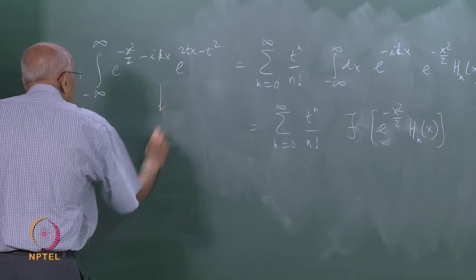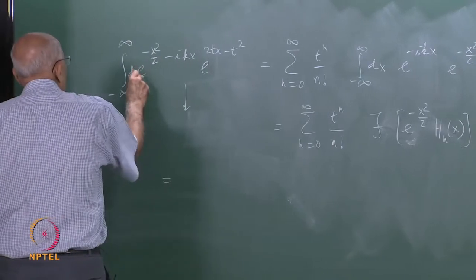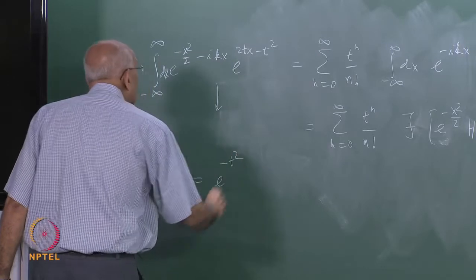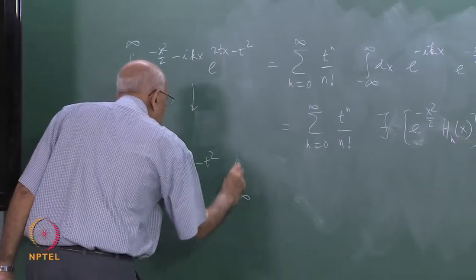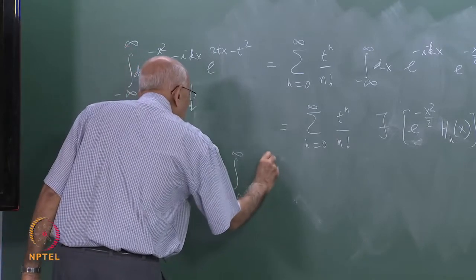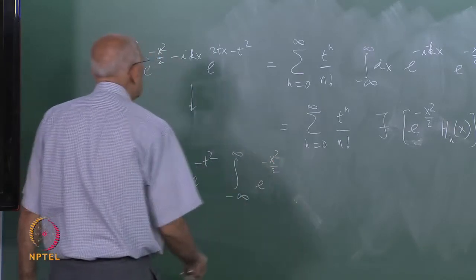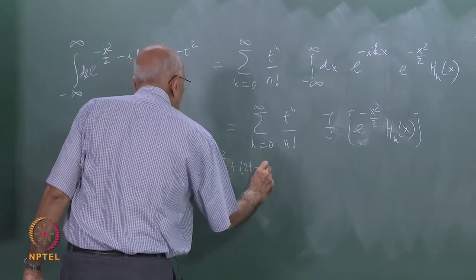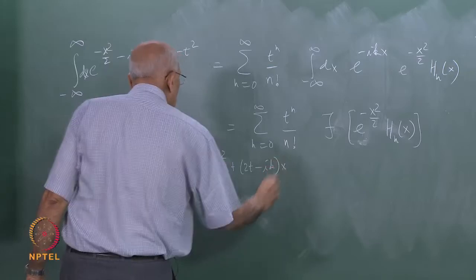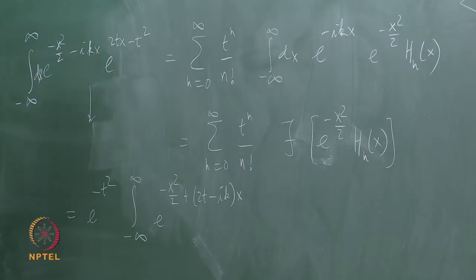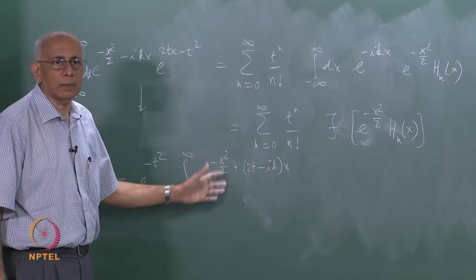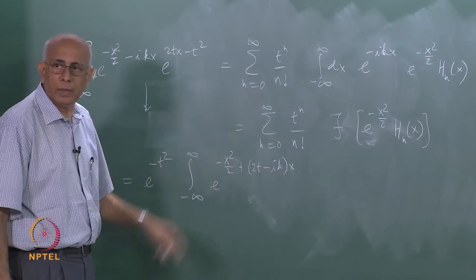This is equal to e to the t squared times an integral from minus infinity to infinity of e to the minus x squared over 2 plus 2t minus ik times x. This integral converges, there is no problem because of this. Even though this is imaginary or complex, it does not matter. This takes care of it.